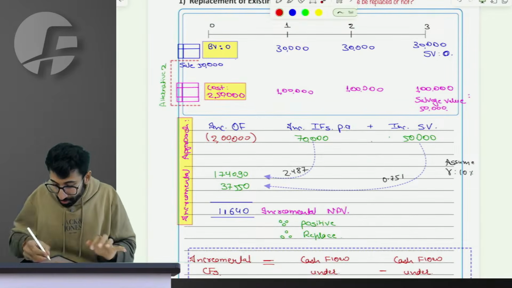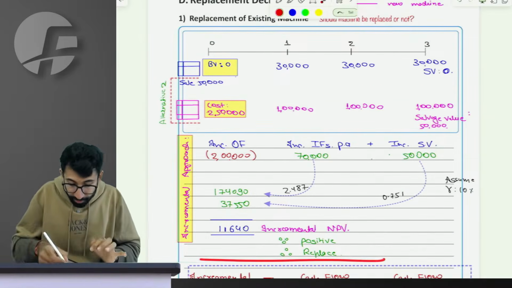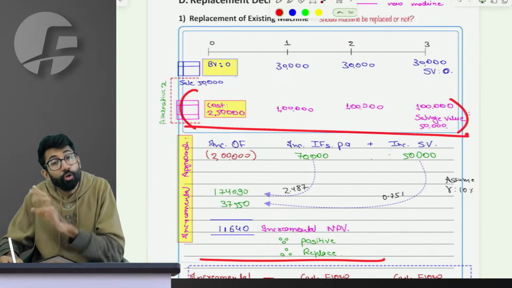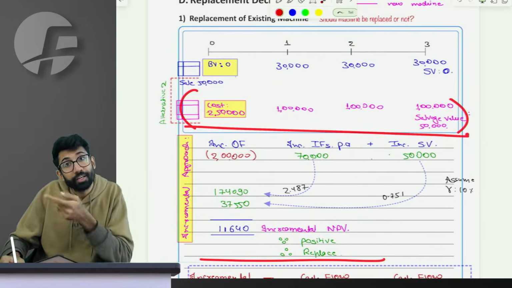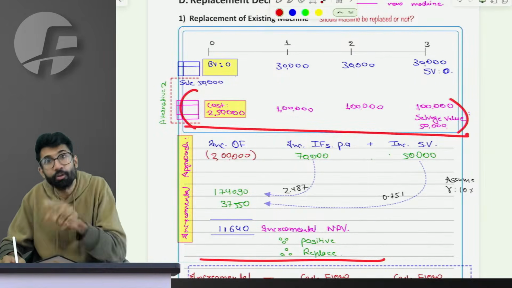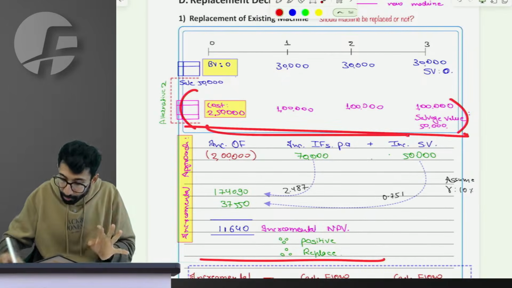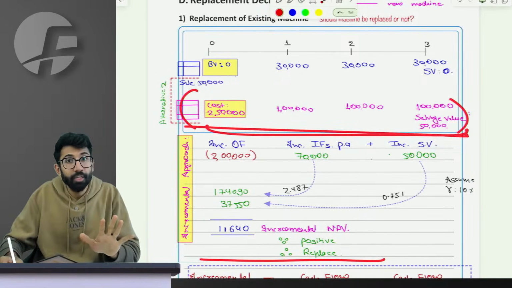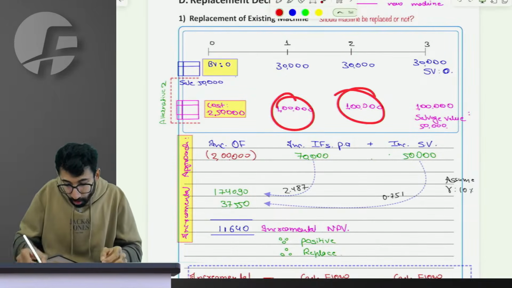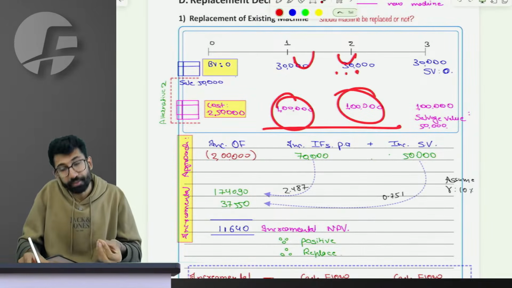This NPV is not only telling me whether the second alternative is good or not. It is rather telling me whether, over and above alternative 1, it is good or not. Is it better than alternative 1 or not? Overall, it may be a positive NPV alternative. But my point is not that I earn 1 lakh; 30 I was anyways earning.